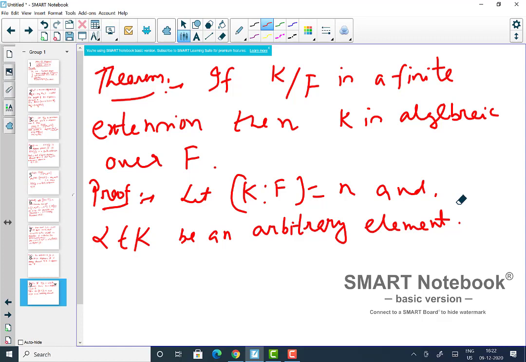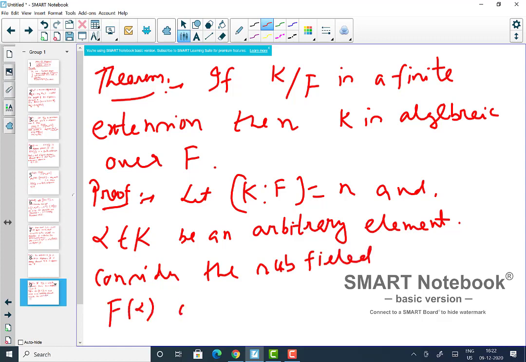So you choose an arbitrary element, and now consider the subfield F(alpha) of K. See, F(alpha) is sitting inside K, because F is a subfield of K and alpha belongs to K, so F(alpha) is a subfield of K, right?